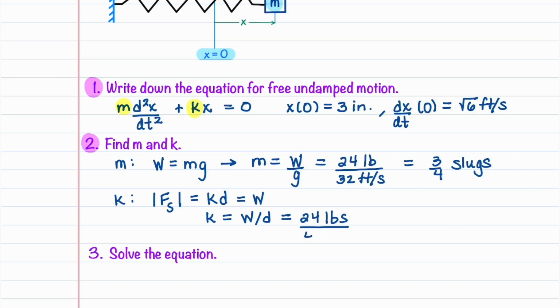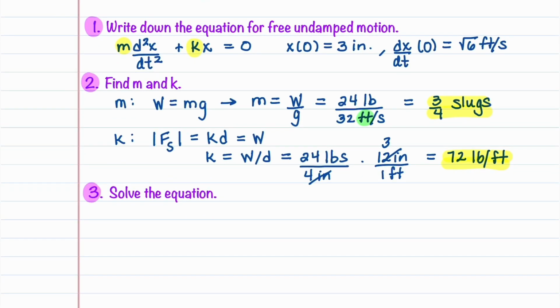So we're going to put 4 inches here. And since gravity is in terms of feet per second, we're going to change inches to feet. So we just have to multiply by 12 inches and divide by 1 foot. 4 goes into 12 3 times. So we end up with 72 pounds per foot. I'm going to go ahead and highlight these because we're going to need them in just a second.